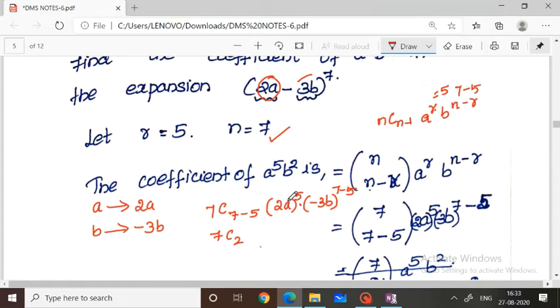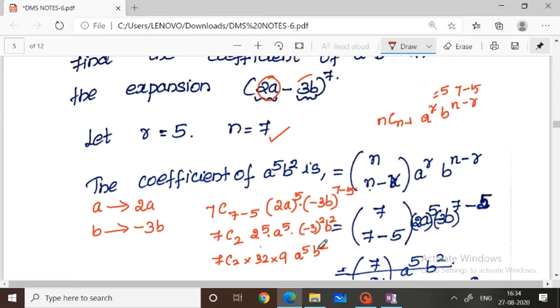You can split 2 raised to 5 like this, into a raised to 5 into minus 3 the whole square into b square. So 7c2 into 2 raised to 5 is 32, into minus 3 the whole square is 9, into a raised to 5 b square.